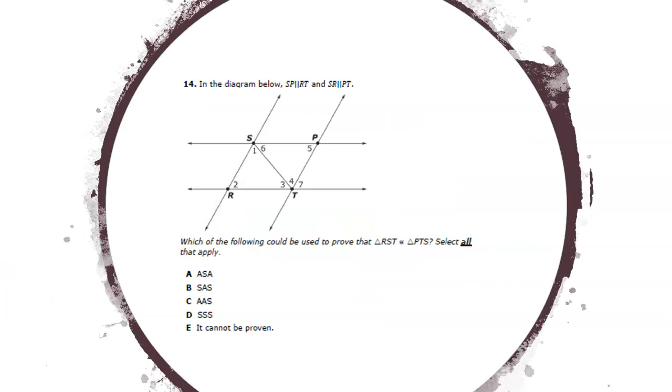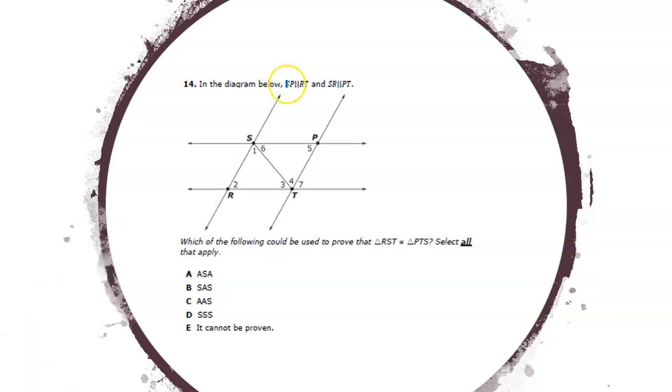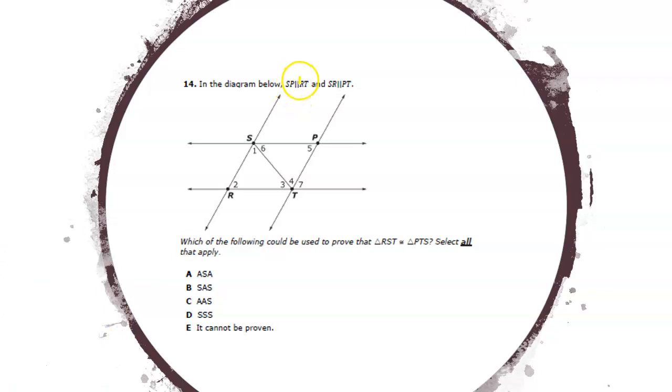In the diagram below, line SP, so I'm going to highlight as I do this. So this means line SP, so S to P, is parallel to RT, which we can see they are parallel to one another, and SR is parallel to PT.